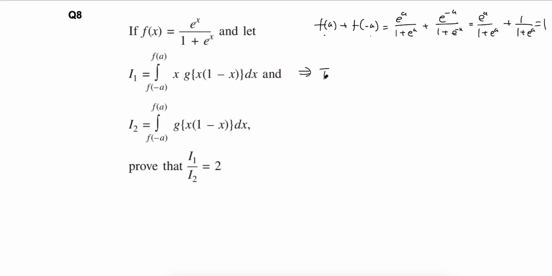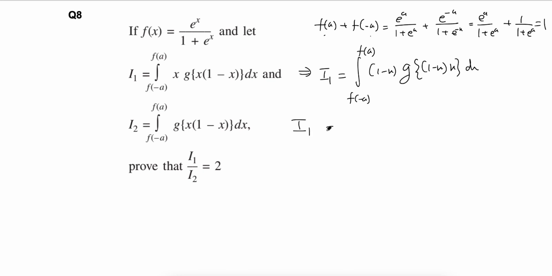So I1, I can say what? I1, watch. From f(minus a) to f(a), and x will be replaced by this plus this, and that is 1. 1 minus x into g of x into (1 minus x), and here 1 minus x, so x only. Are you able to understand?